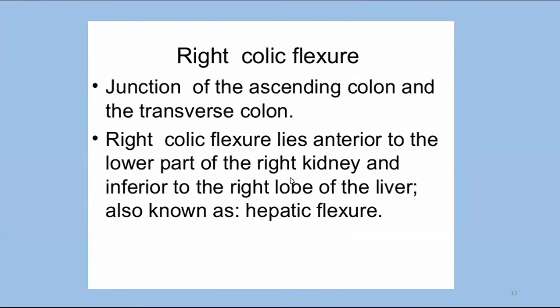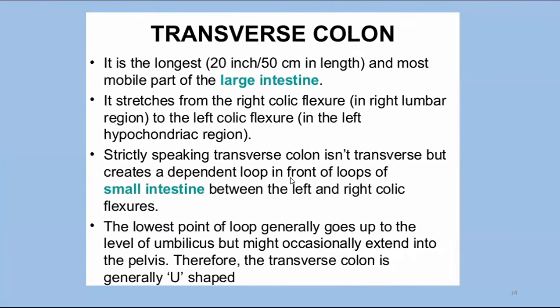After the ascending colon, we reach the right colic flexure, also known as the hepatic flexure, which lies anterior to the lower part of the right kidney and inferior to the right lobe of the liver. After the hepatic flexure, we go to the transverse colon, which is about 20 inches in length. It is the most mobile part of the large intestine.